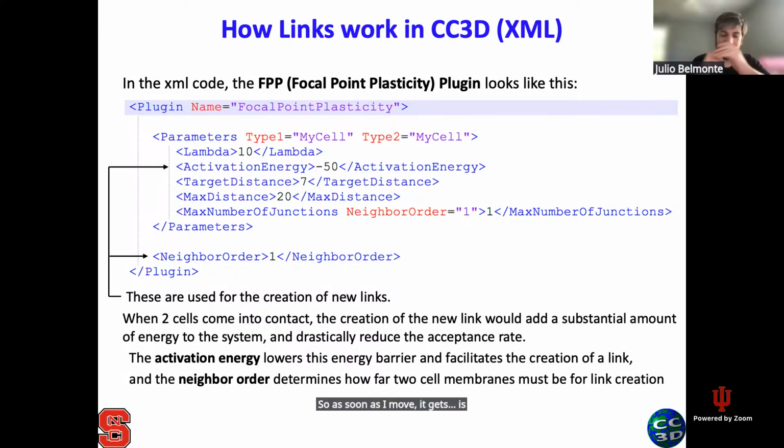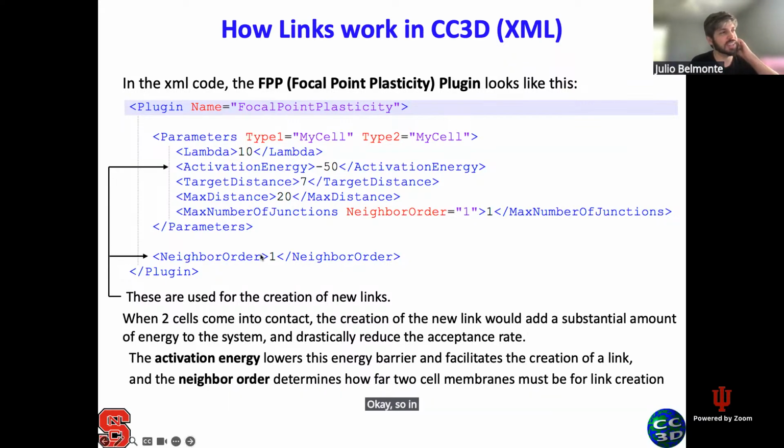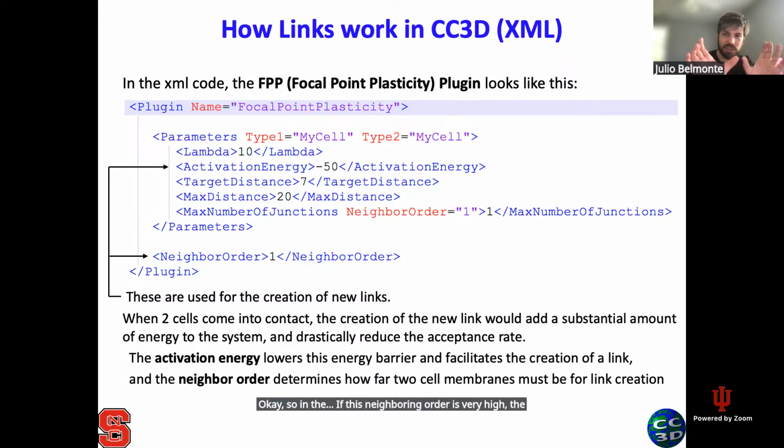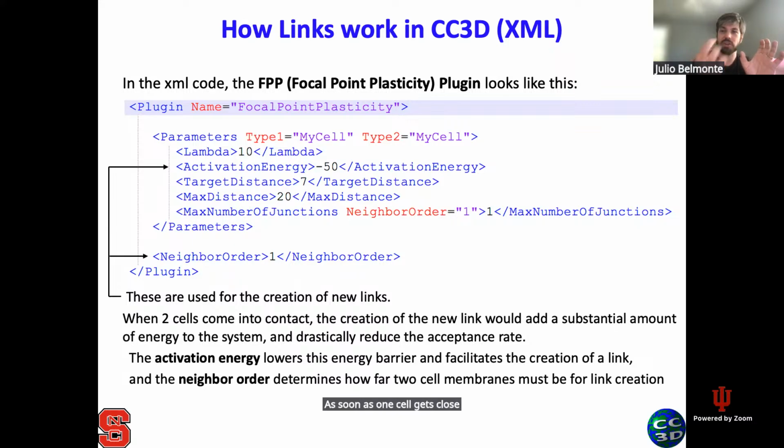If this neighboring order is very high, the cell doesn't need to actually touch the other cell before it can create the link. So if you have a neighbor order of 4 or 5 or 6, as soon as one cell gets close to another cell, you can already create the link. If you have a neighbor order 1, that means that the cell actually has to touch the other one before it can create the link. So that's what this neighboring order means, okay?